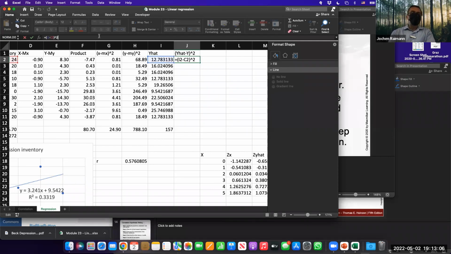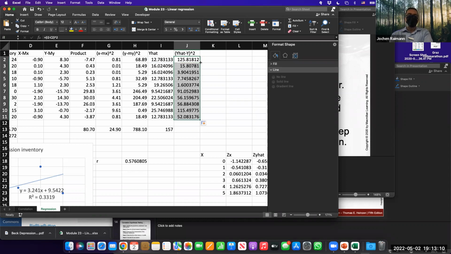Squaring this gets you to your sum of squares of the regression. So this is now essentially what you are interested in.